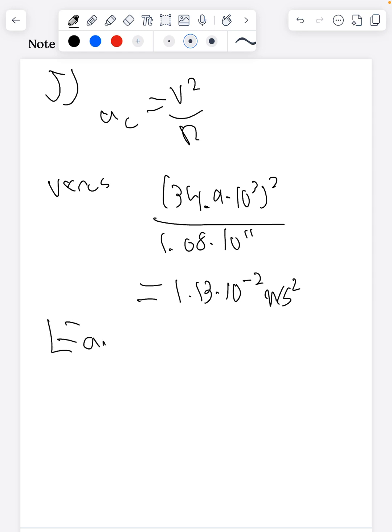For Earth, it'll be 29.9 times 10 to the power of 3 squared over 1.50 times 10 to the power of 11, which would equal 5.95 times 10 to the power of negative 3 meters per second squared.